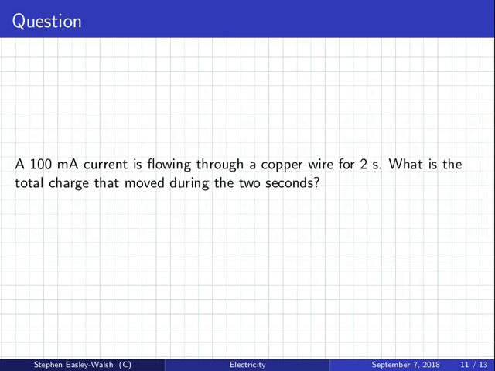And just be careful, it's milliamps. Okay. So what's the answer? 0.2. Are you sure? What's the unit? Coulomb. 0.2 coulombs. Yeah, did you get that? 0.2 coulombs. Yeah.